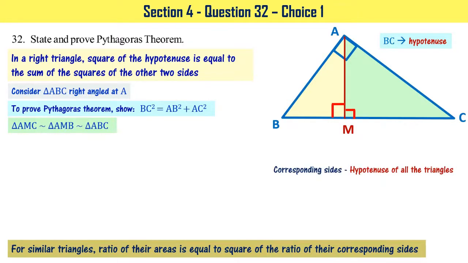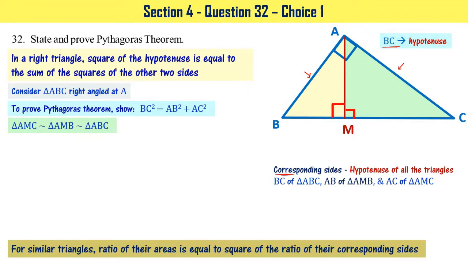If I take hypotenuse of all these right triangles, they are going to be corresponding sides, right? For triangle ABC, we know that BC is the hypotenuse, right? What about triangle AMB? AB is the hypotenuse, right? For triangle AMC, AC is the hypotenuse. Let's write that. BC of triangle ABC, AB of triangle AMB, and AC of triangle AMC are the corresponding sides, right?